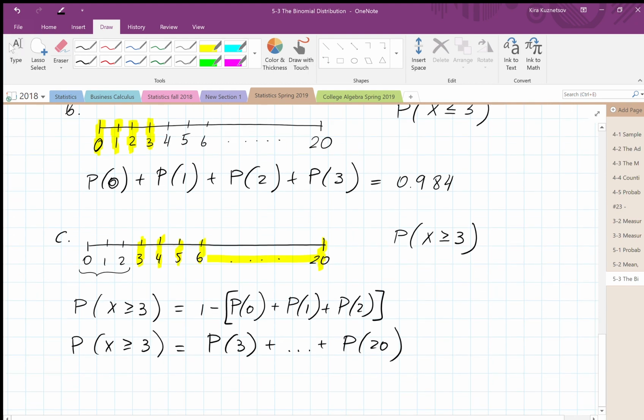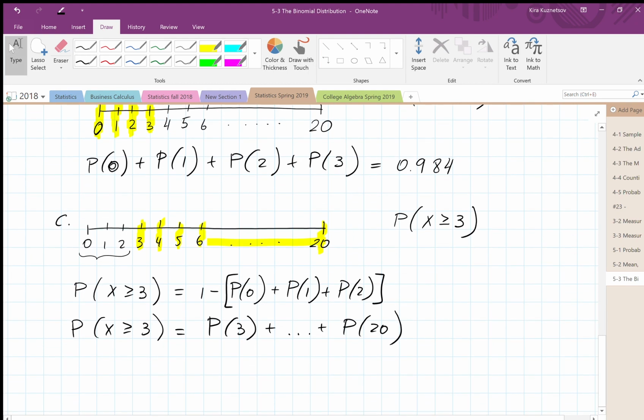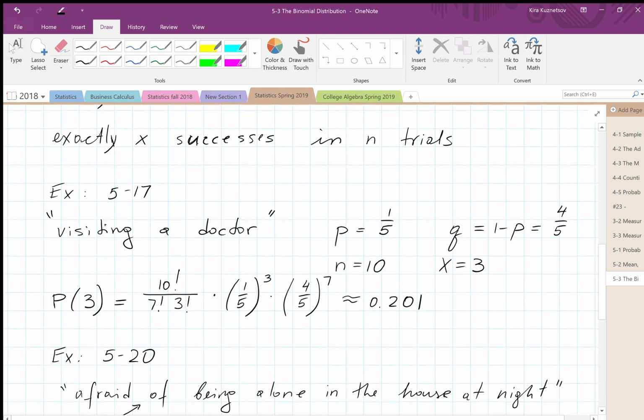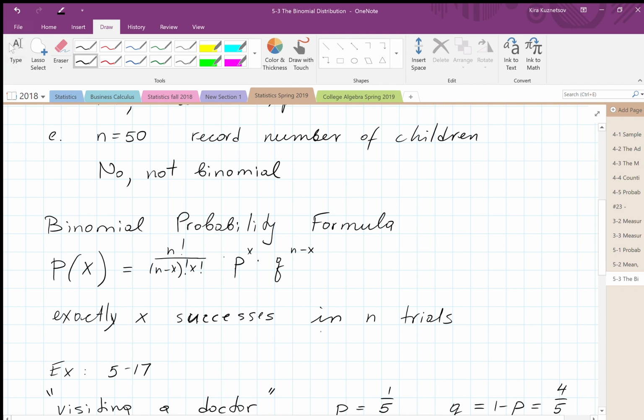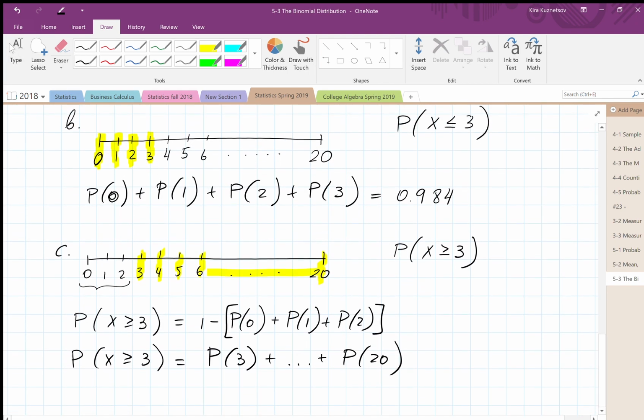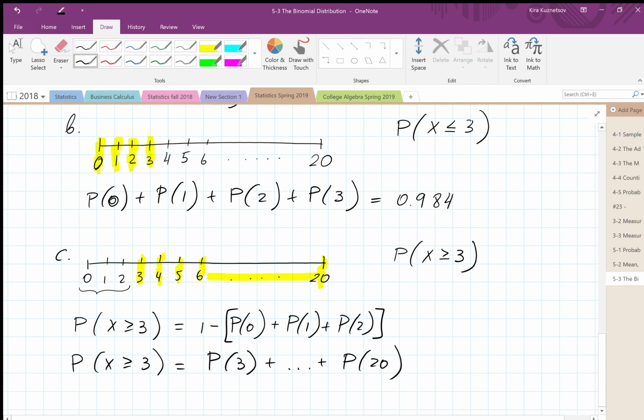As you can see, this is a cumbersome process, especially if you think of each of those as a formula, the binomial probability formula. Each x that you have right here, the 0, the 1, the 2. Here you only need to use the formula 3 times and then 1 minus.